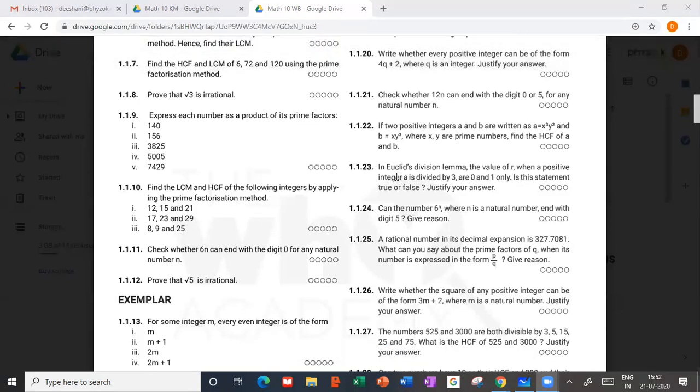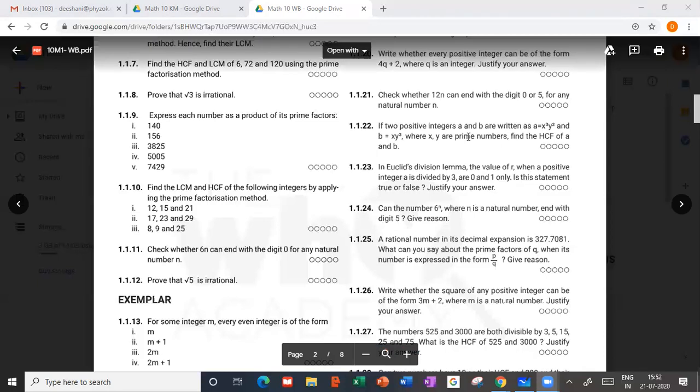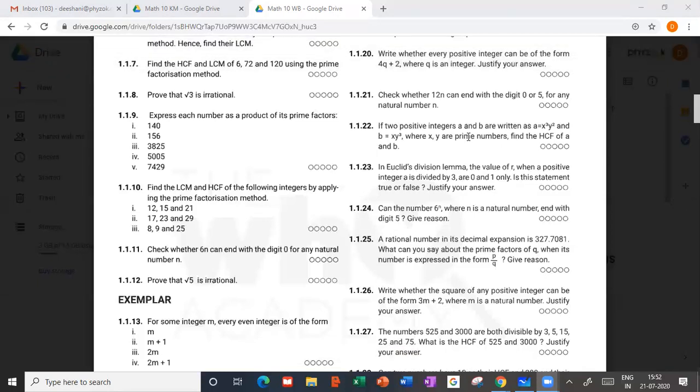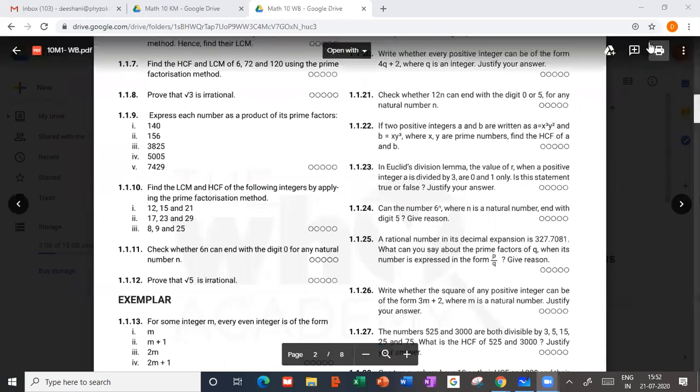Yes, Shardul, yes. So you have to assume that it's rational. Then you simplify it, then you'll get something. So basically you have to show that P and Q, or A and B, whichever variables you're choosing, are not coprime. Done. Awesome, Ritu.